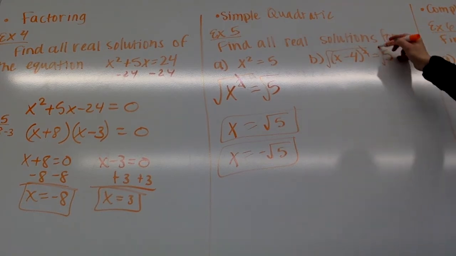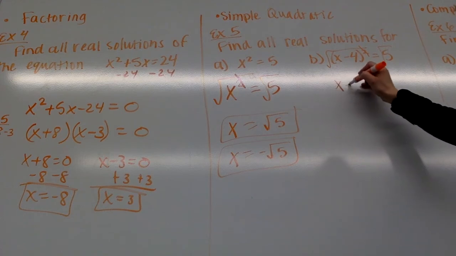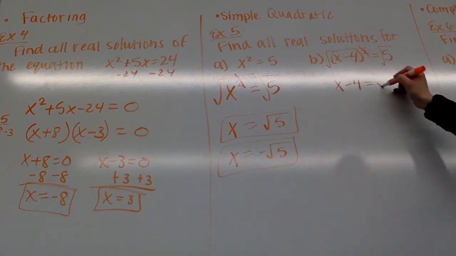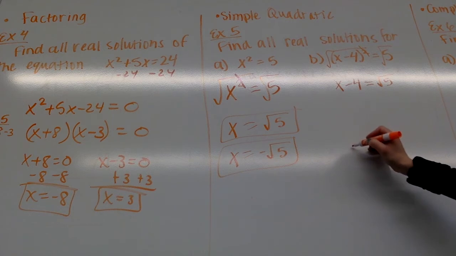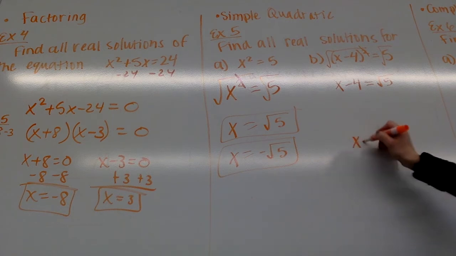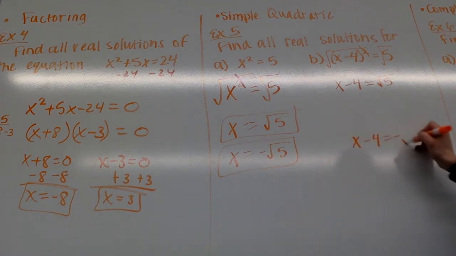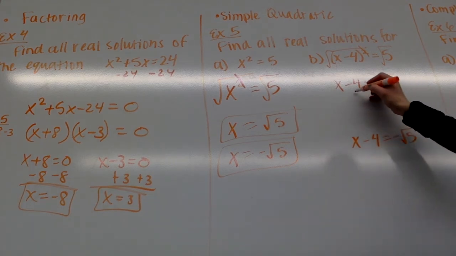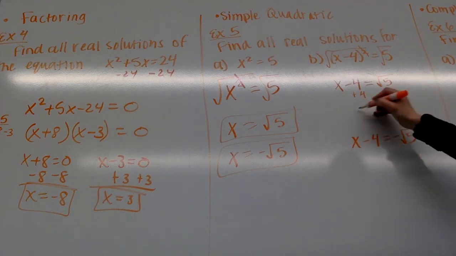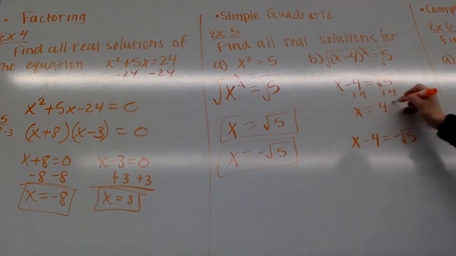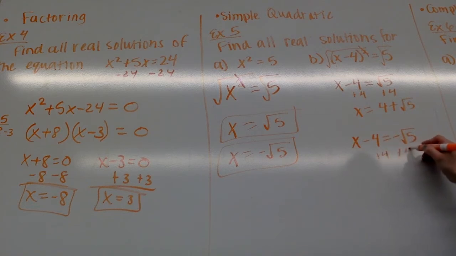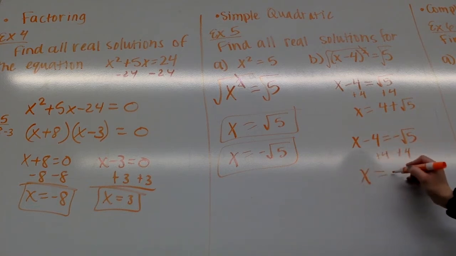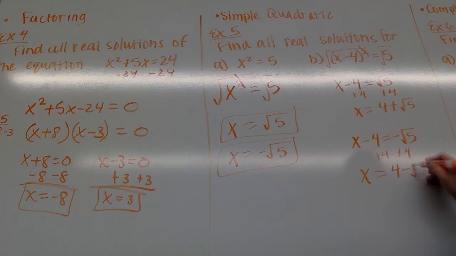Okay, and you get the same thing on the other side, so you get x minus 4 can either be positive square root of 5 or x minus 4 is negative square root of 5, and then you just solve those two. Okay, so you add 4 here, and you get x equals 4 plus the square root of 5, and then you add 4 here, and you get x equals 4 minus the square root of 5.